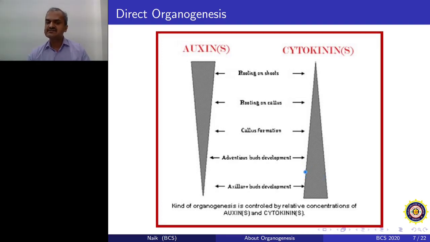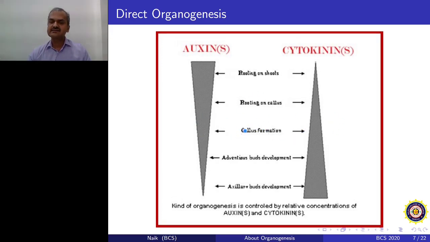Now, along with this axillary meristem, as I already told you, besides the shoot from where the pre-existing axillary meristem is proliferating, the internodal explant or leaf explant has a capacity to form a de novo meristem, a newly formed meristem, and those are called adventitious meristems. These adventitious meristems will form new shoots. Now when you have an intermediate concentration of cytokinin and an intermediate concentration of auxin, there is a chance of callus formation.